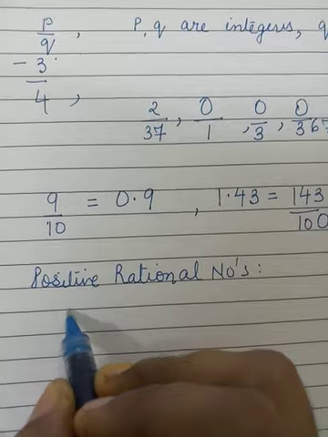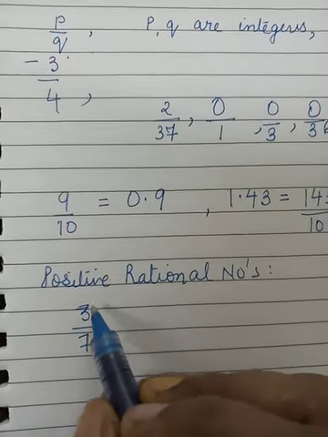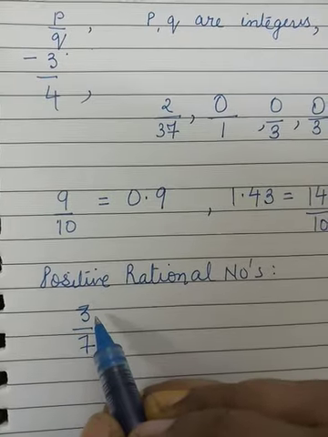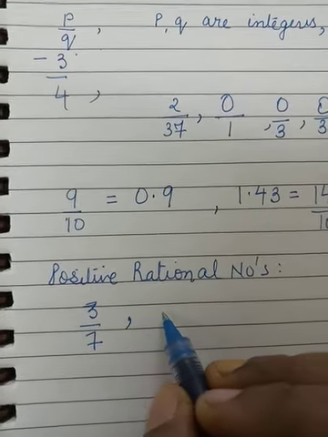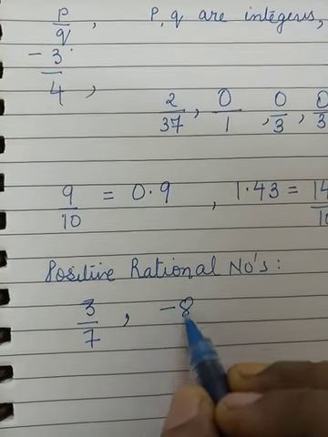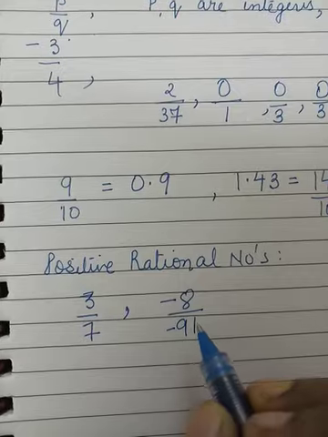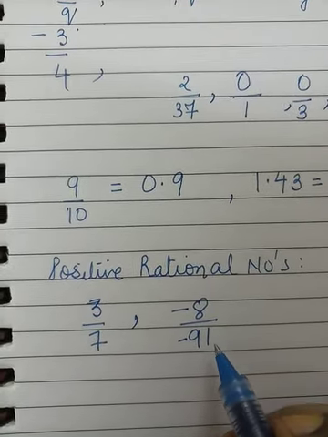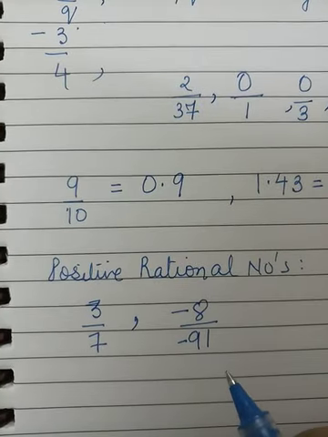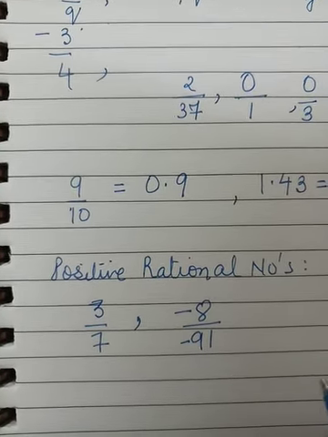Let's see, I am writing 3 by 7. 3 by 7 is a rational number where numerator and denominator both are positive. I take minus 8 by minus 91, both are having negative sign. That is, they are having the like sign. Therefore, it is a positive rational number.